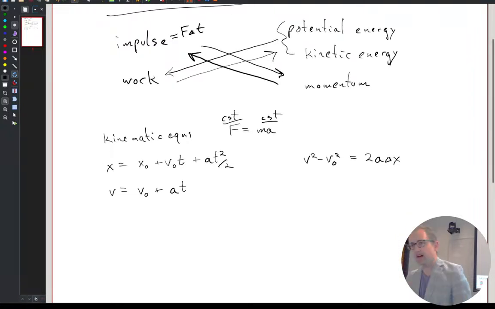Because if I multiply the left side by 1/2 m, I have 1/2 m v squared minus 1/2 m v0 squared. What's that? Change in kinetic energy, right? So a change in kinetic energy is 1/2 m times 2a, which is now F, because F equals ma.